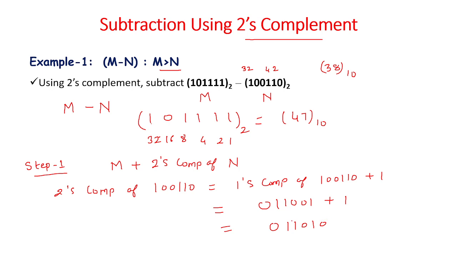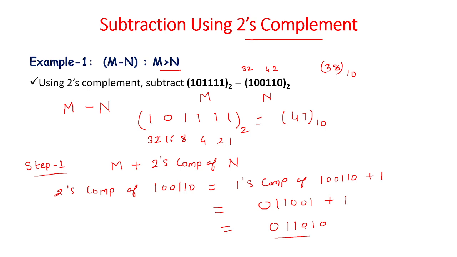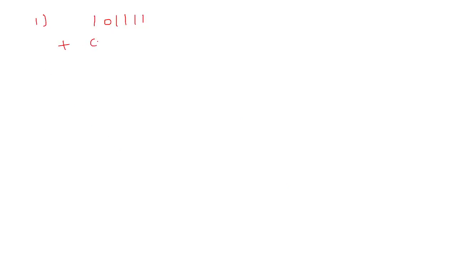In the first step, we add this number to m, which is 101111. So step 1: m plus the 2's complement of n. m is 101111 plus the 2's complement of n, 011010.